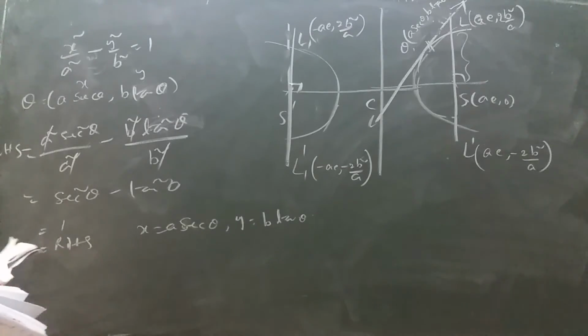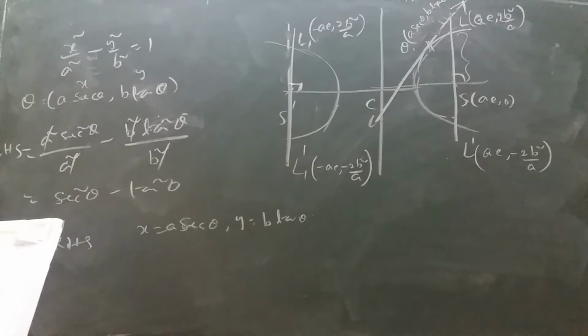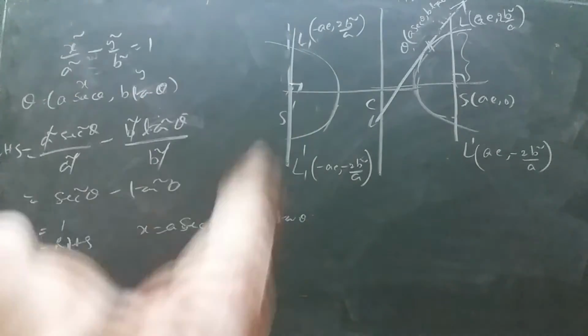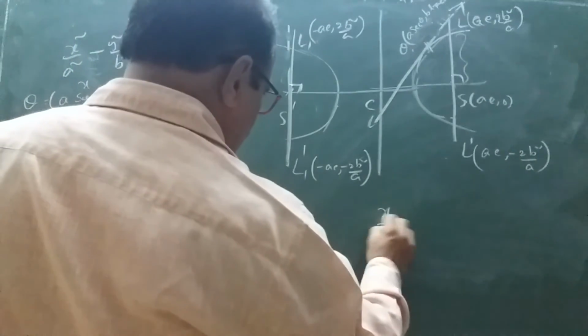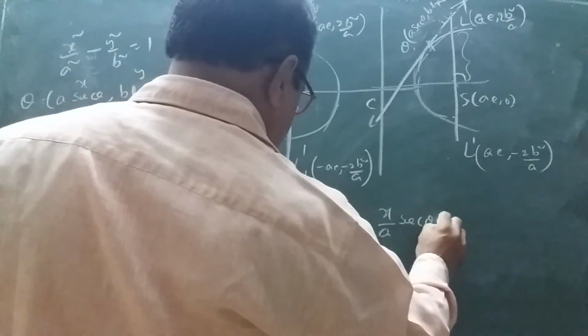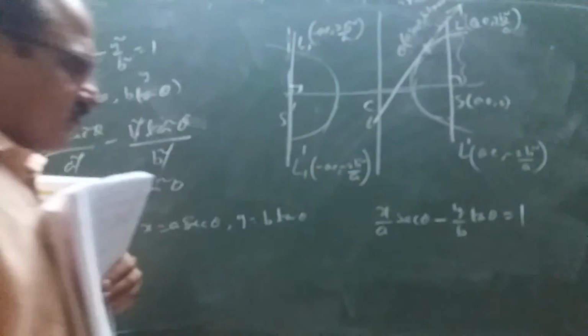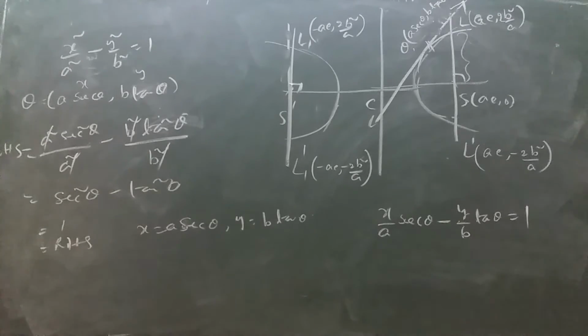By using that, the equation of tangent at a secant theta, b tan theta may be taken as x by a secant theta minus y by b tan theta is equal to 1. Okay, that is the equation of tangent.